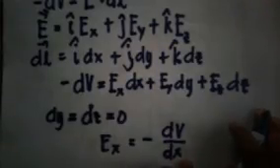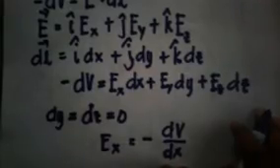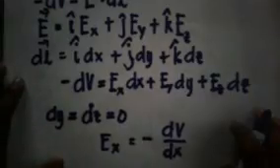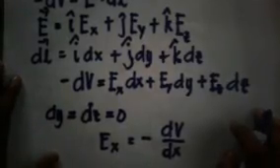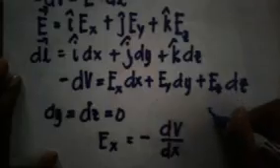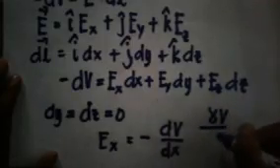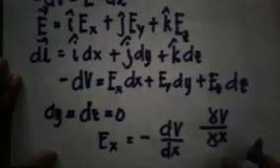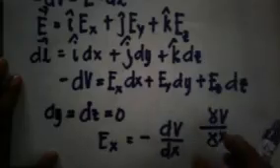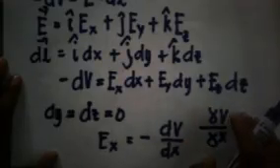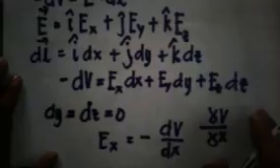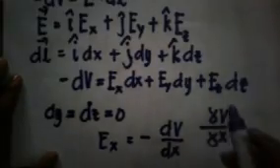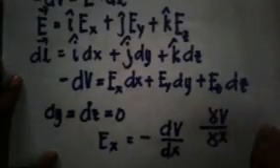Recall that our potential is a general function of x, y, and z. But this is just what is meant by the partial derivative of V with respect to x. The y and z components of our electric field are related to the corresponding derivatives of the potential in the same way.